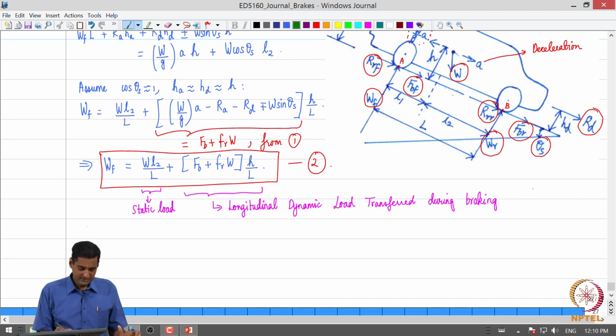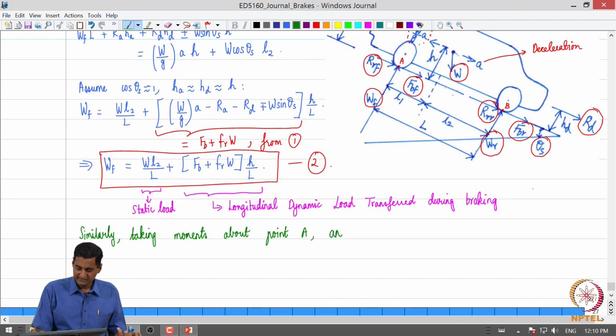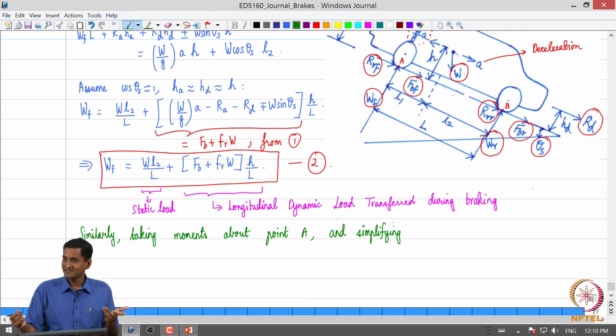Now, similarly, taking moments about point A and simplifying. So, I am going to leave this as an exercise because we have already done this process, right, for the other wheel.